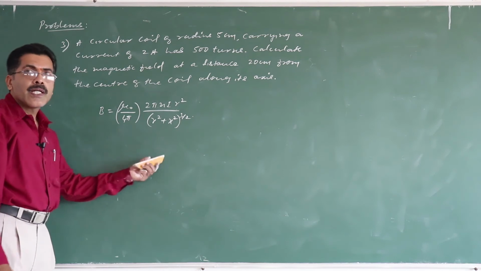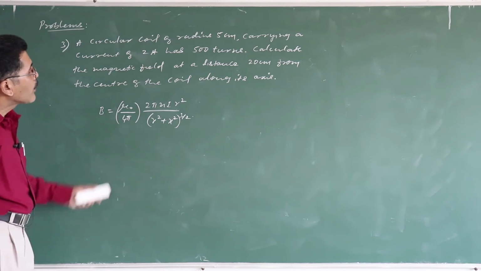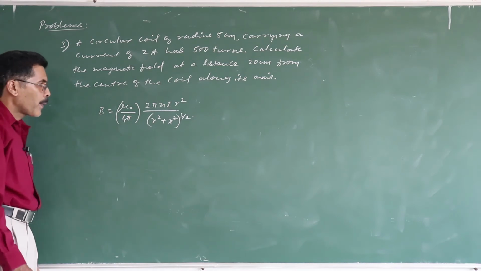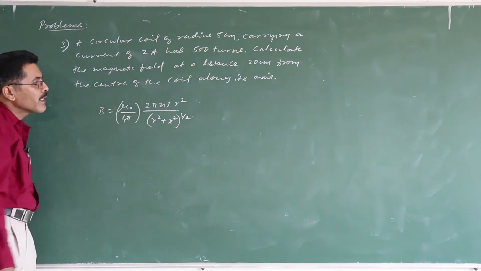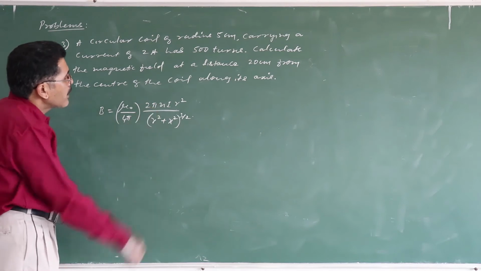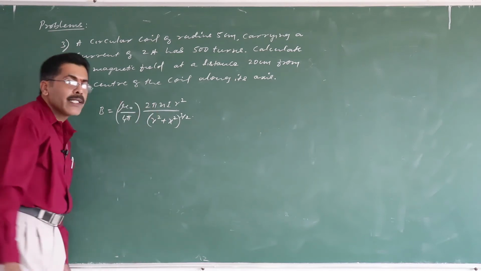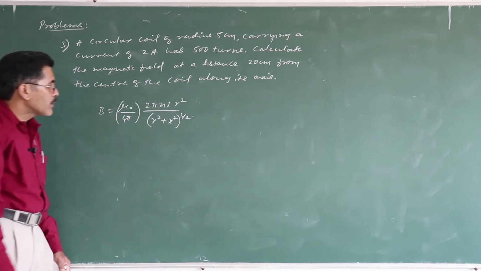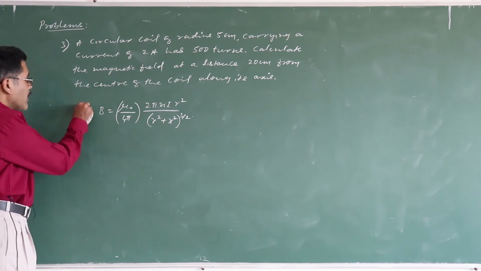So you please use this relation and find out what is the magnetic field. You know the number of turns, strength of the current, radius, all the data are given. So using that you just calculate. So that's one way. You please try this.